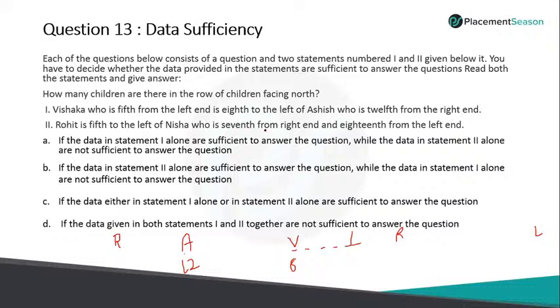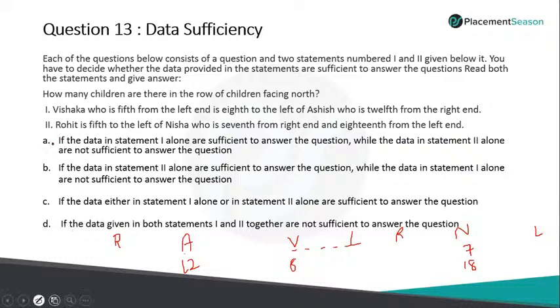From the right end, Nisha is 7th. From the left end, Nisha is 18th. So directly I can find 7 plus 18 is 25. I'm adding Nisha twice, so 25 minus 1 is 24. Again I'm getting the answer 24. So individually, these statements are giving the answers.